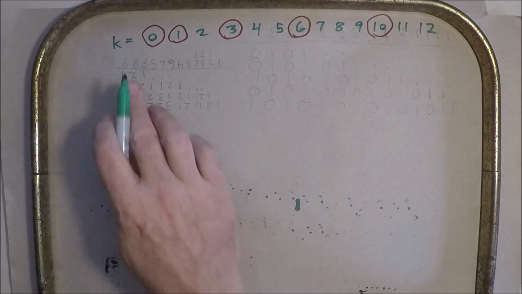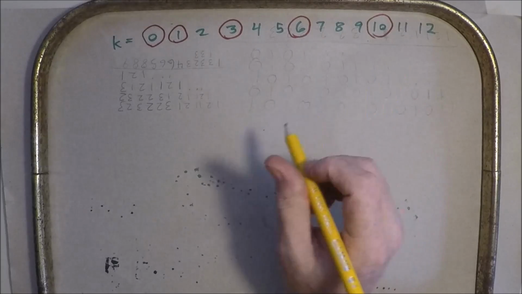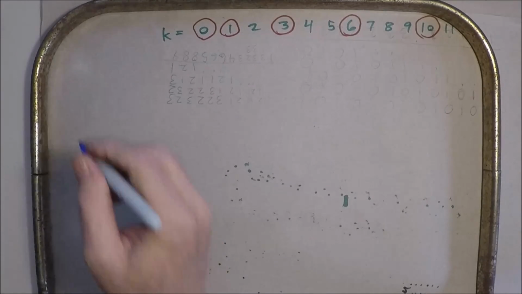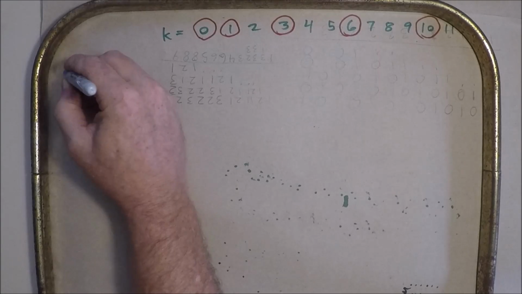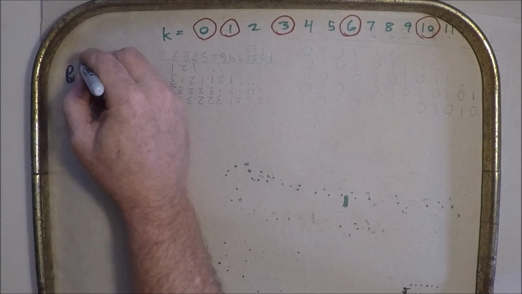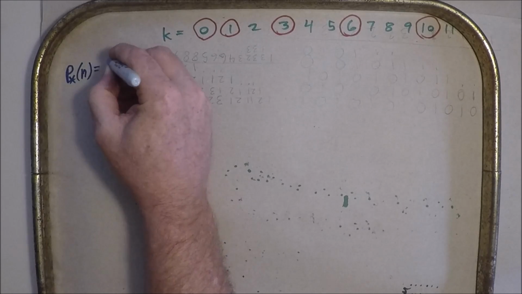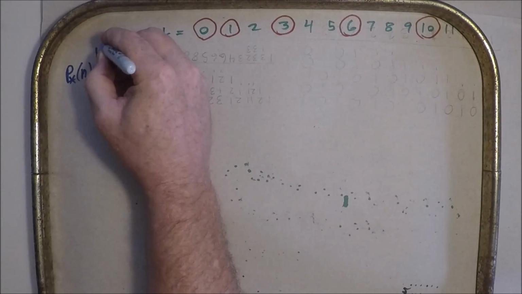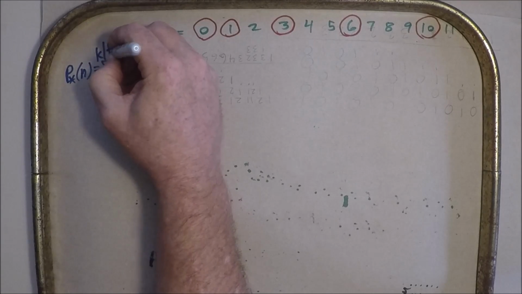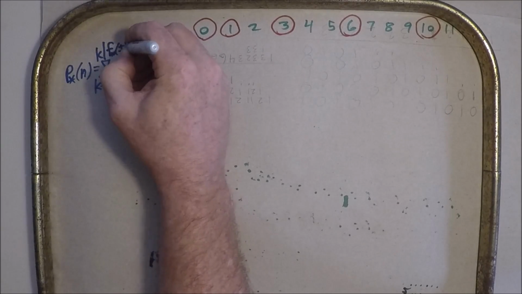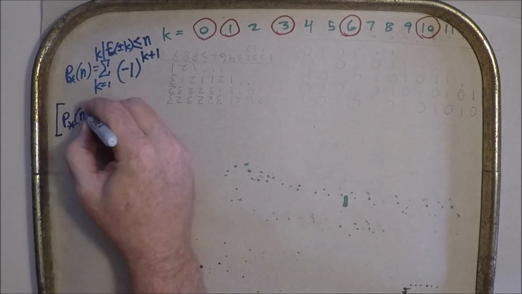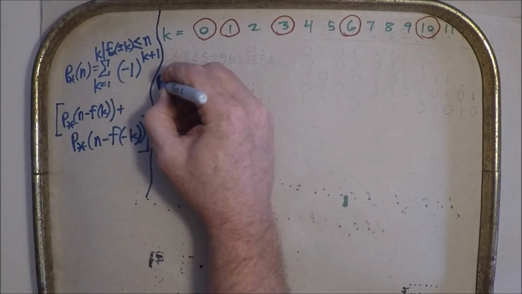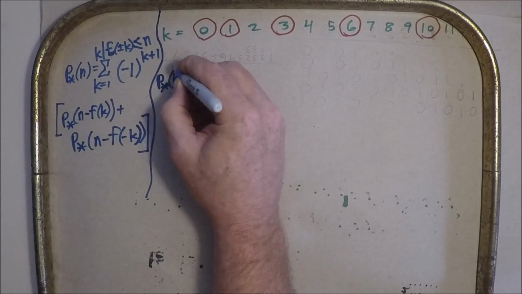And then we can ask, if we have a similar corresponding partition function, then we probably expect something along the lines of P star of n equals the sum from k equals 1 of our f star of plus or minus k, P star of n minus f star of k.